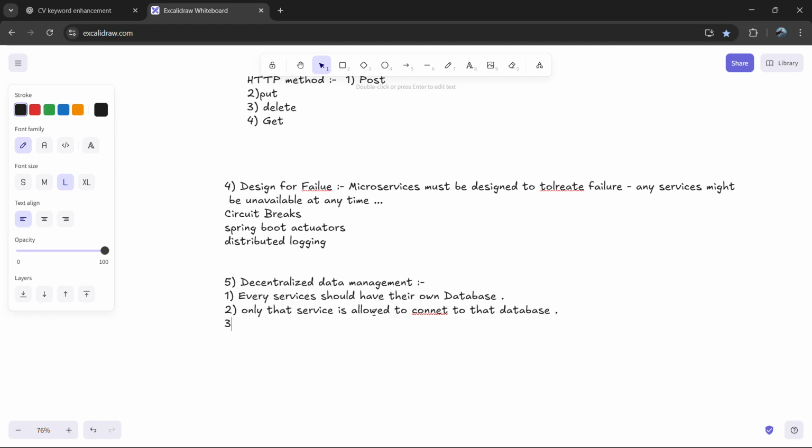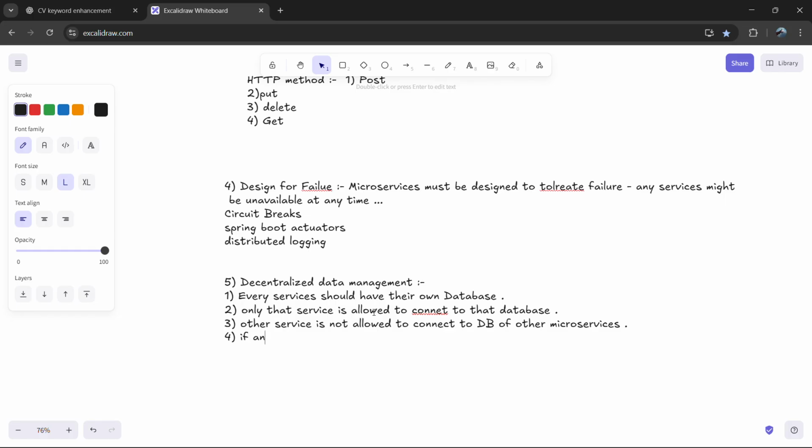Third point is other service is not allowed to connect to the DB of other microservices.